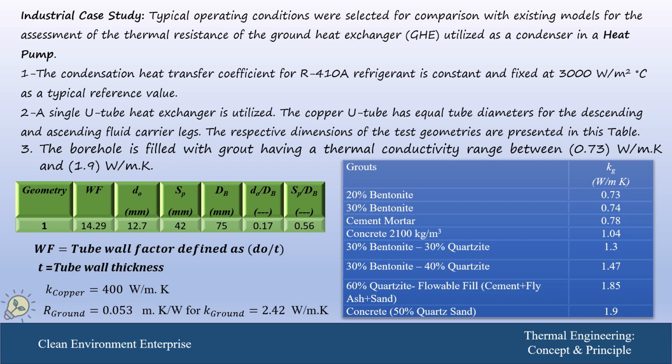And if we need the ground thermal resistance, it will correspond to 0.053 meter Kelvin per watt, where the ground thermal conductivity is equal to 2.42 watt per meter Kelvin.